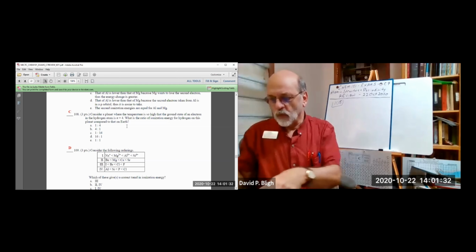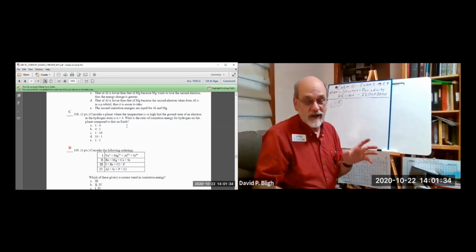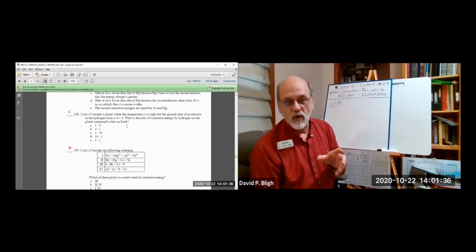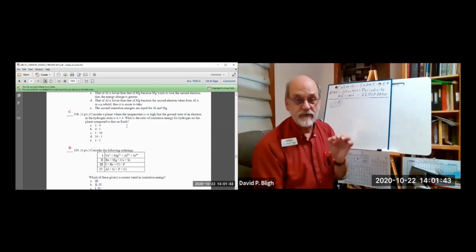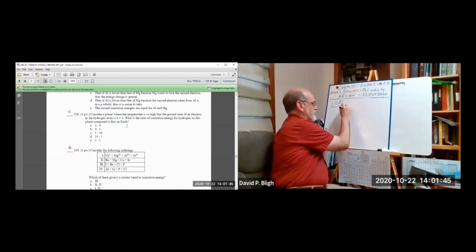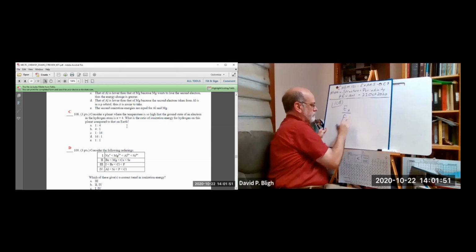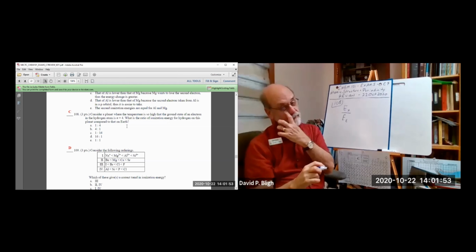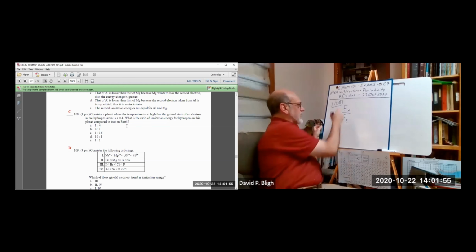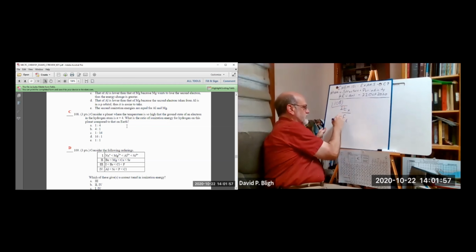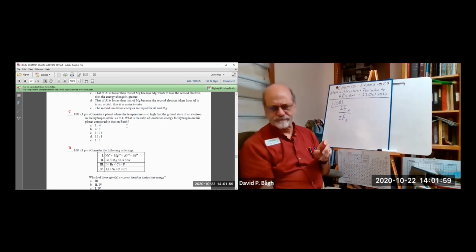All right, so we need to know, what are we talking about? The ratio of ionization energy for the planet versus Earth. So energy for our exoplanet ratio to Earth. That's what we're looking for. Let's write it this way, ionization energy. There you go, that's better.